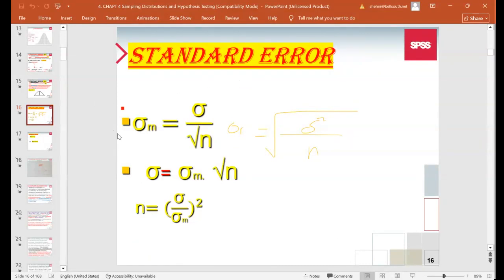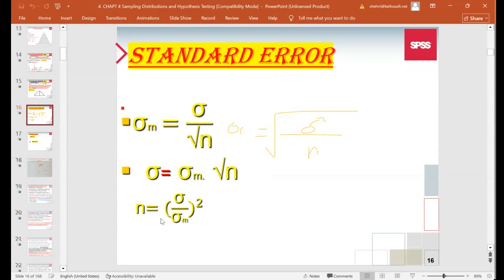You can write it this way: standard deviation of the sample divided by square root of n, or you can put this whole right side equation under the square root and come out with the variance, which is sigma squared divided by n. Either way is the same.